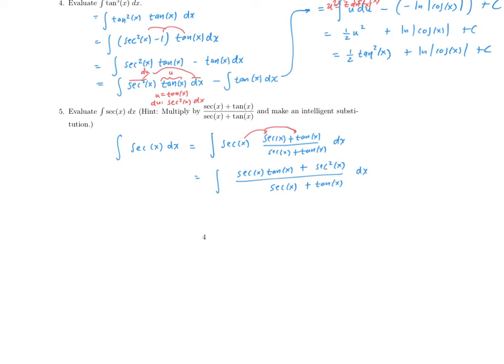The key observation I'm going to make is that the derivative of secant is secant tangent. The derivative of tangent is secant squared, which is awfully convenient. If we let u be the denominator, secant plus tangent, its derivative is precisely the numerator, secant tangent plus secant squared.